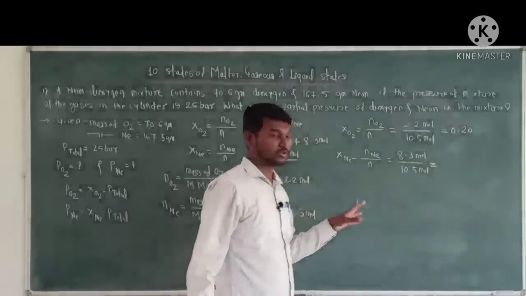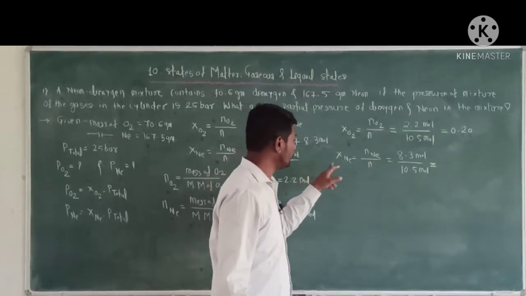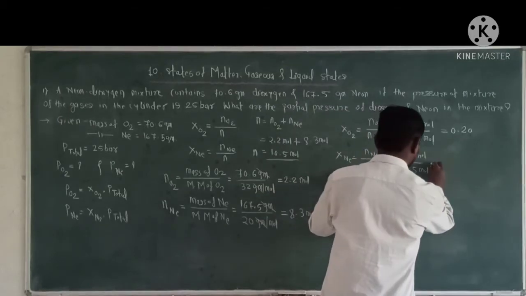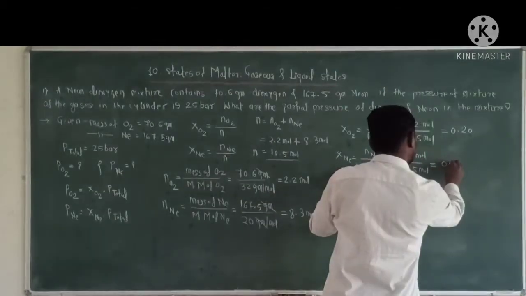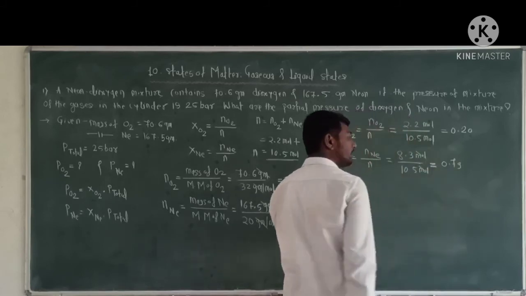Solve this equation, we get the mole fraction of neon is 0.79. Mole gets cancelled.